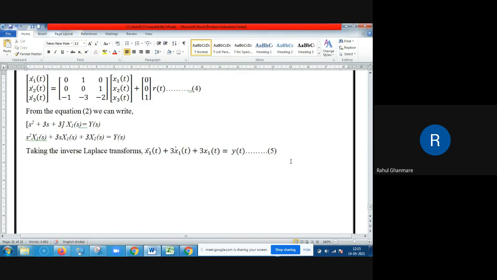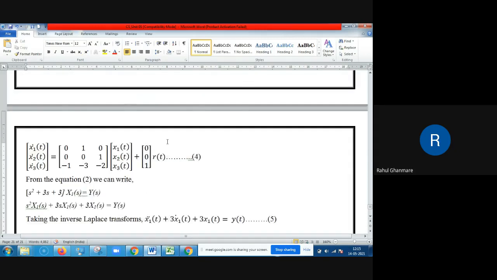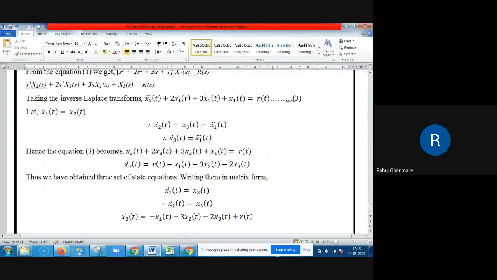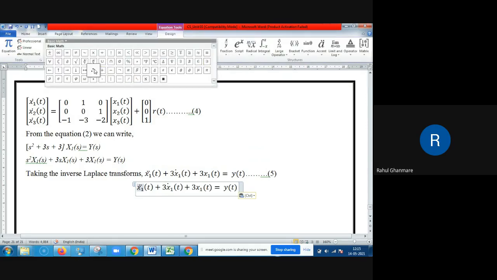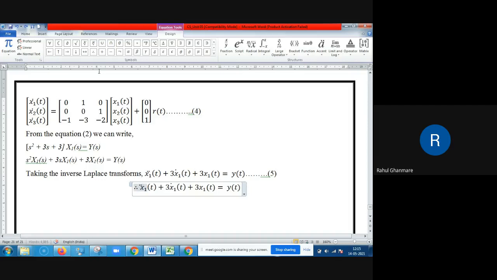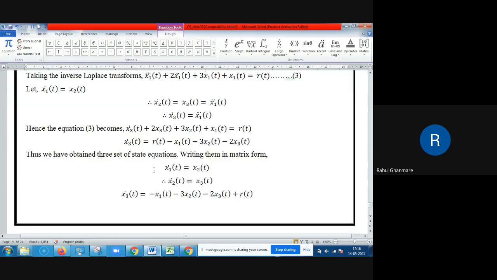Now you have all these values here, you already obtained this value, so you need to rearrange this equation. Okay. Therefore, now this equation changes here, you can see. Therefore this x double dot of 1 is represented by x3, right?